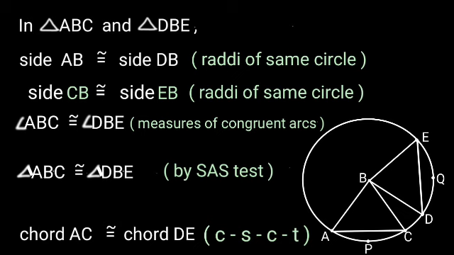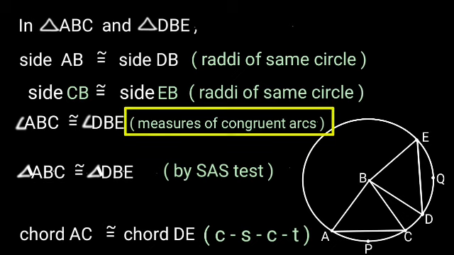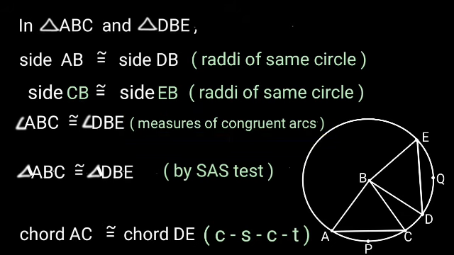Angle ABC is congruent to angle DBE, the reason being measure of congruent arcs. Triangle ABC is congruent to triangle DBE by SAS test. Hence, chord AC is congruent to chord DE because corresponding sides of congruent triangles are congruent.